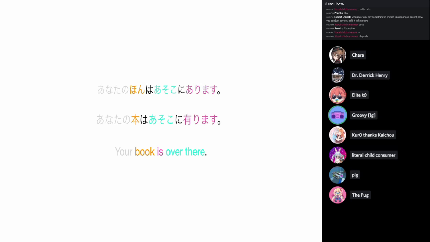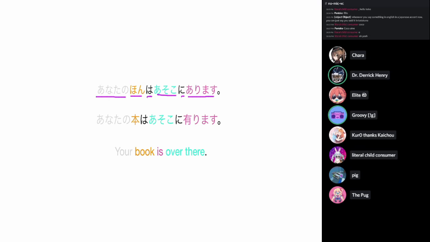So let's use all the knowledge we have from grammar and start putting things together. Anata no hon wa asoko ni arimasu. Anata no is possessive modifying of anata, so it's you possessively, your. Hon was book.